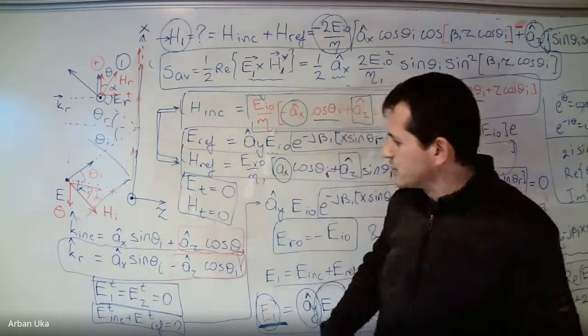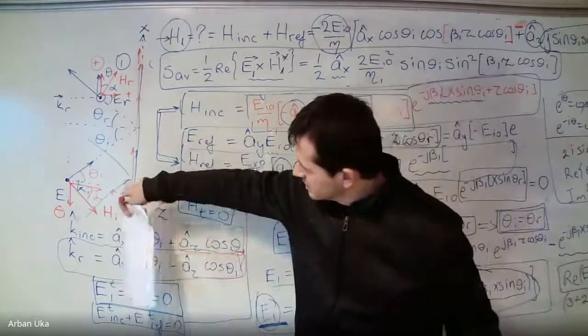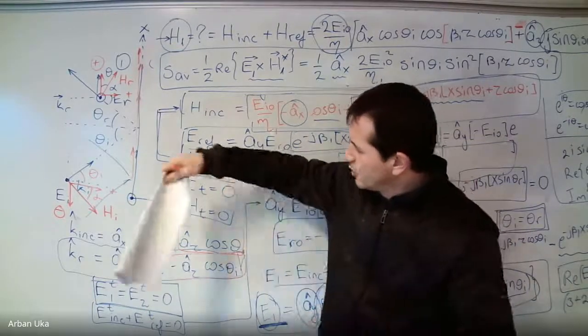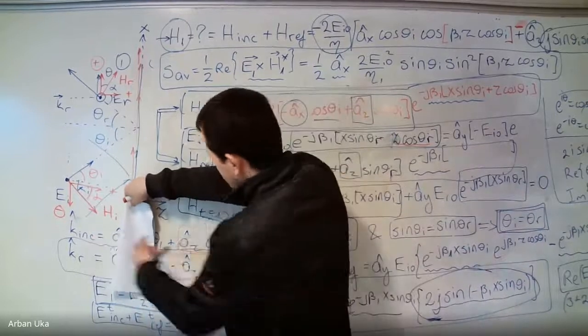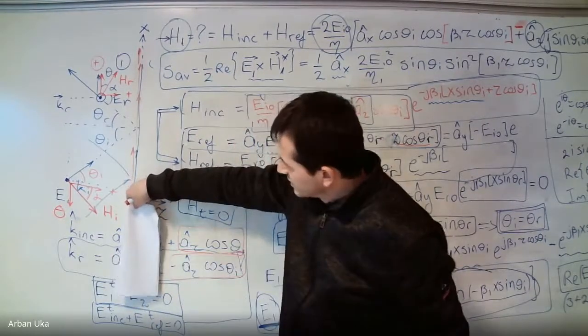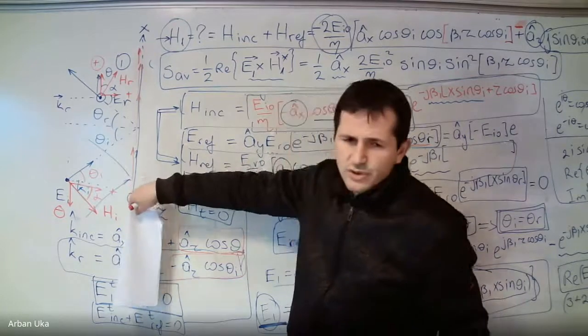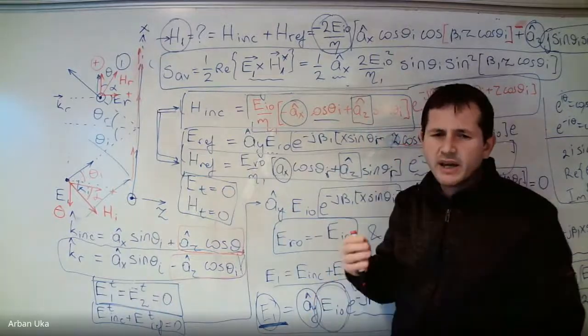If we assume that this wave was not oblique incidence but normal incidence, this is what we're going to have. This means that K incident is AZ cosine theta, and KR is like this. And this would produce a standing wave, or zero flow of energy in any direction.